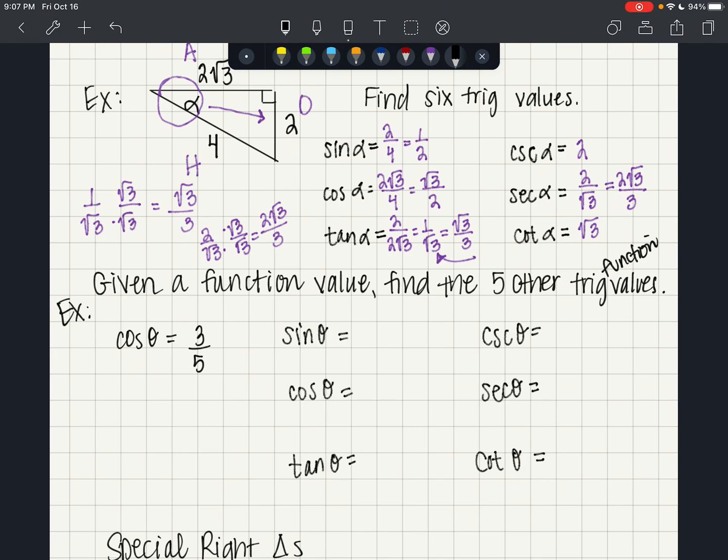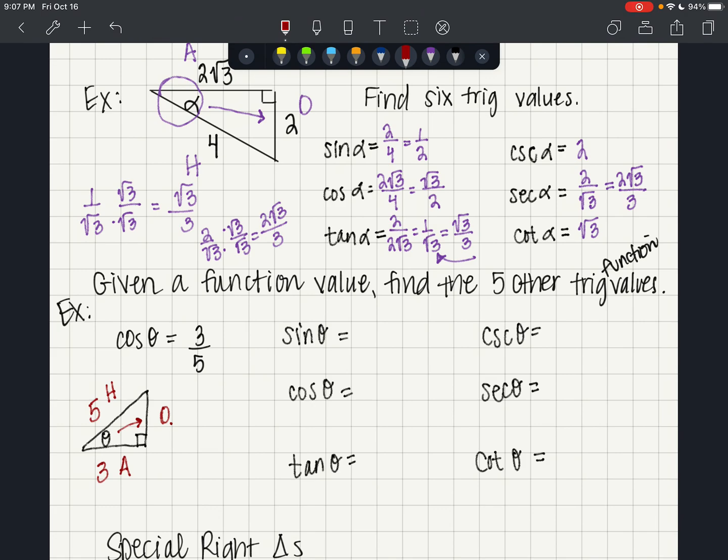Okay, the sine of theta. Well, I can draw a picture, and I can label one of the acute angles theta. I can draw an arrow going to the opposite side. The adjacent side will be the other leg that makes the right angle, and the hypotenuse is always across from the right angle. Well, the hypotenuse is 5. The opposite side we don't know, but the adjacent side is 3.